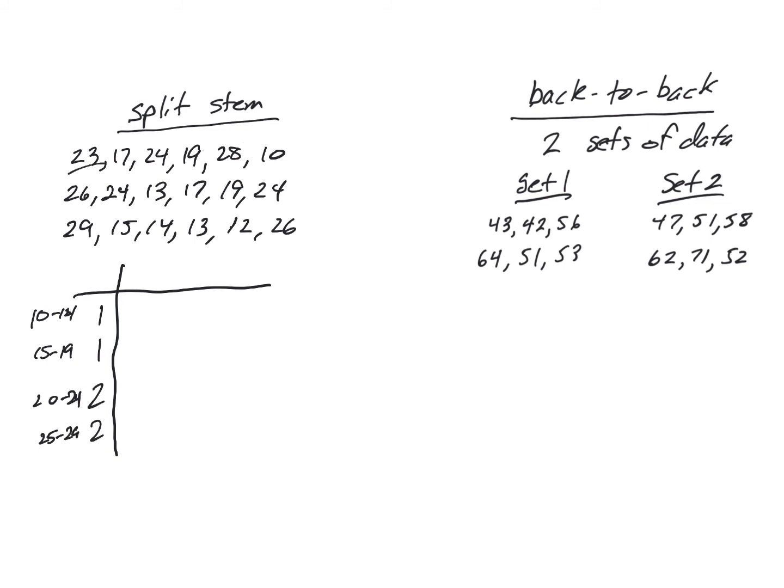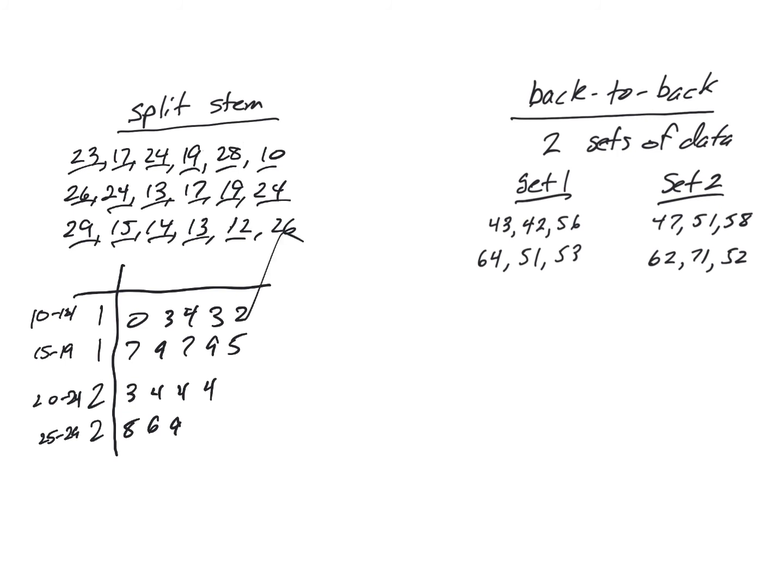So 23 would go here, 17 would go here, 24 would go here, 19 would go here, 28 would go here, 10 would go here, 26, 24, 13, 17, 19, 24, 29, 15, 14, 13, 12, and finally 26.